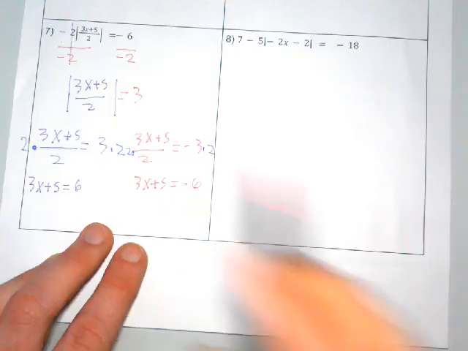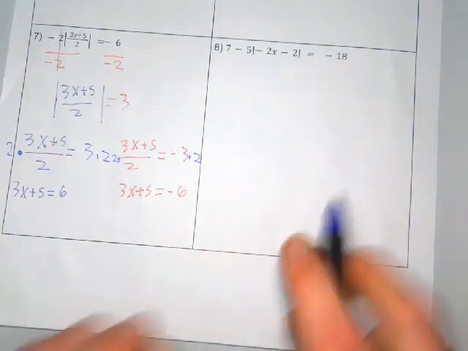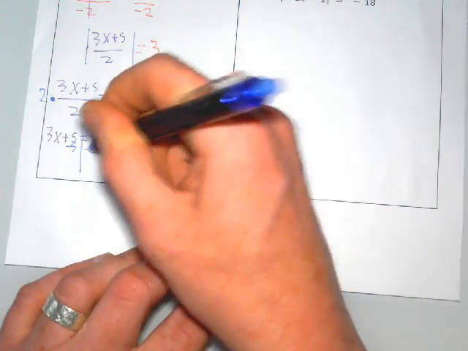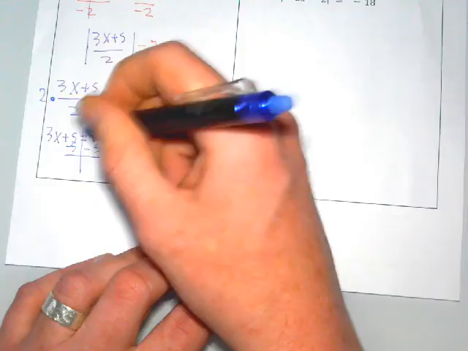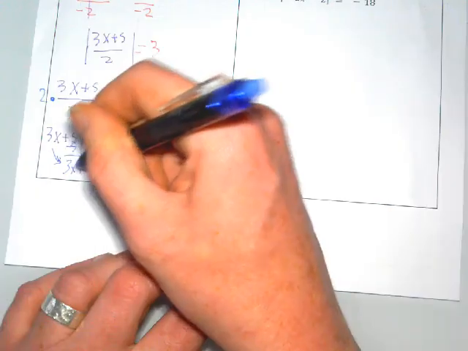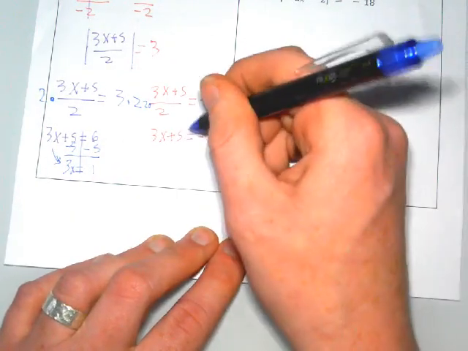Now it is just a two-step equation. So we always undo addition or subtraction first in a two-step equation. 6 minus 5 is 1. So this problem leaves me with 3x equal to 1 at the end. And on the negative version, we do the same step. Minus 5 on both sides.